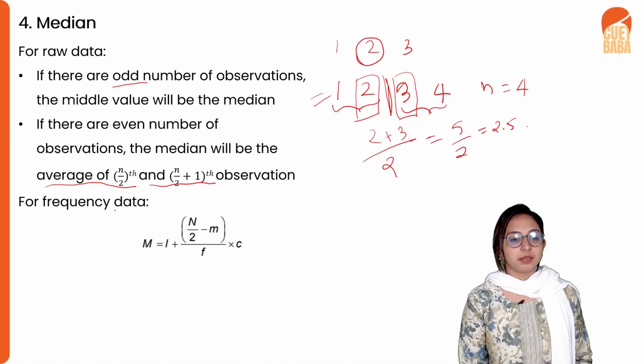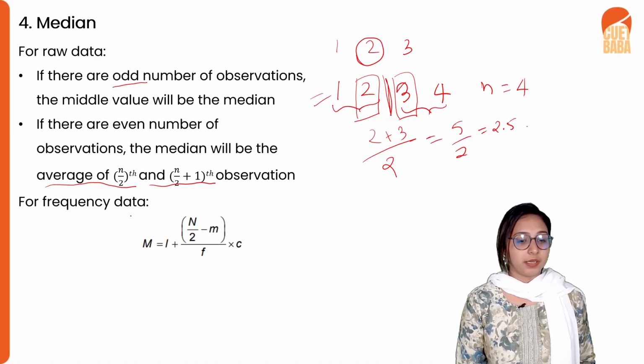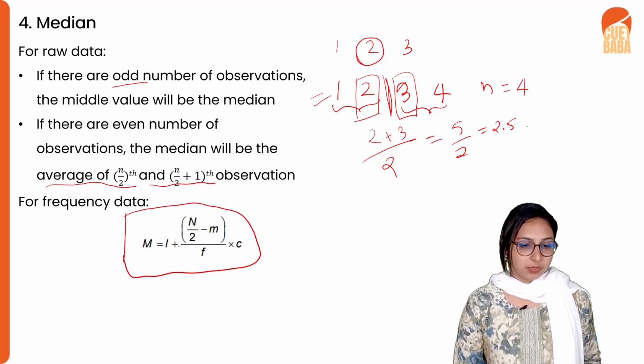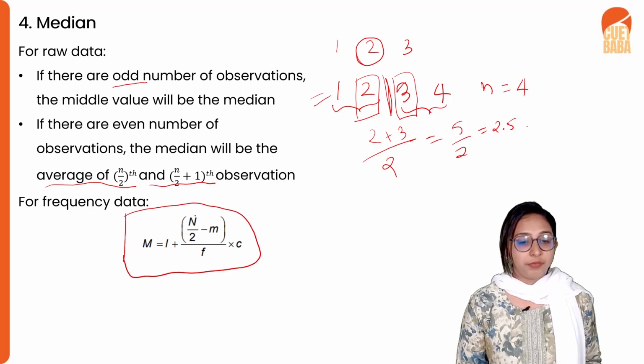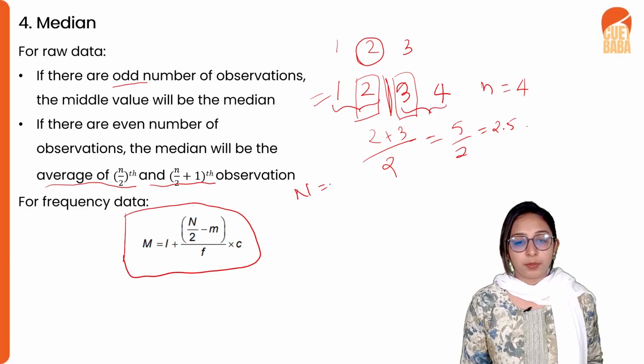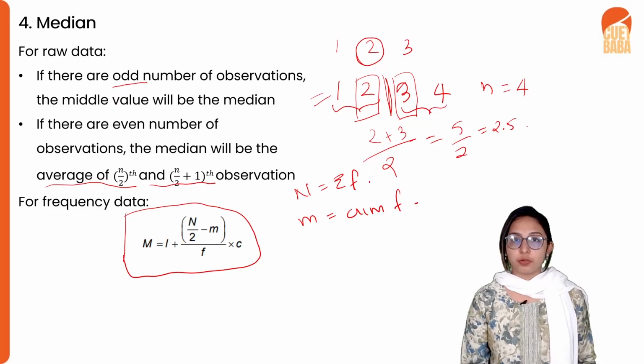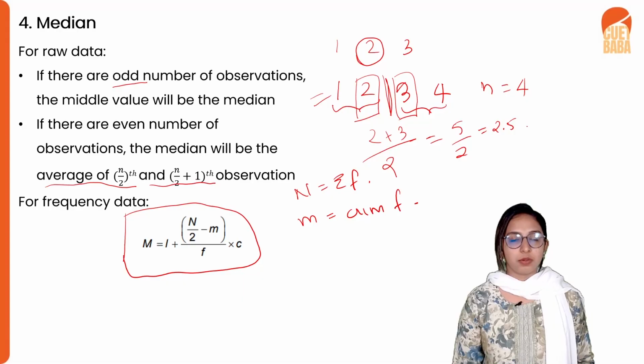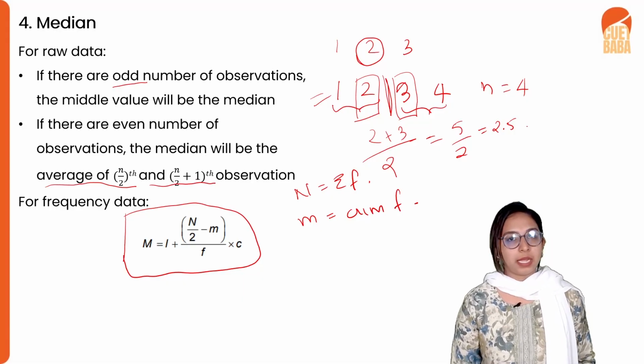Next, finding the median for frequency data, we'll use this equation, and I'll explain each and everything. N we already know: n is equal to the summation of f. M is the cumulative frequency up to the median class. We will consider a median class, in which half of the data falls.